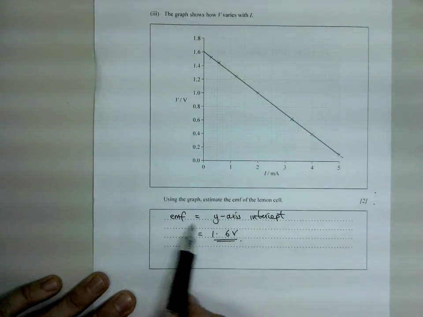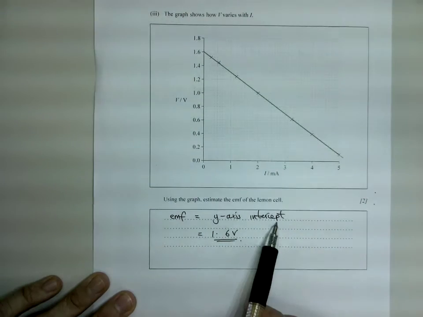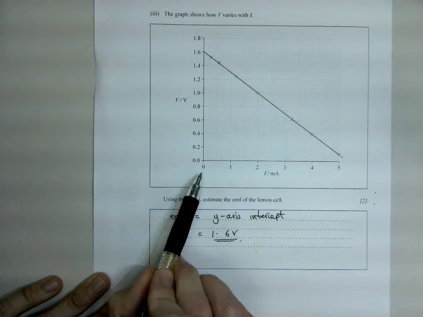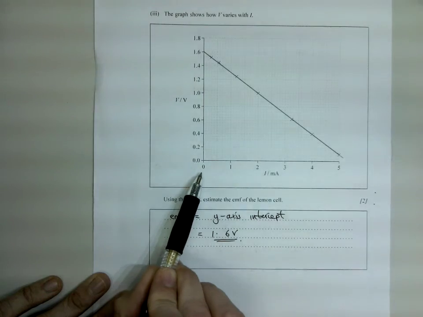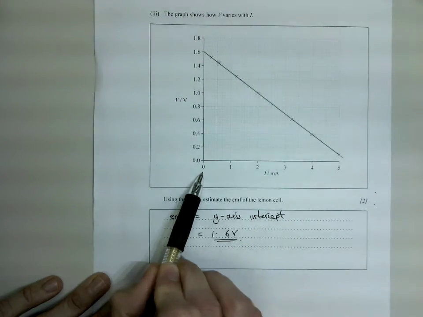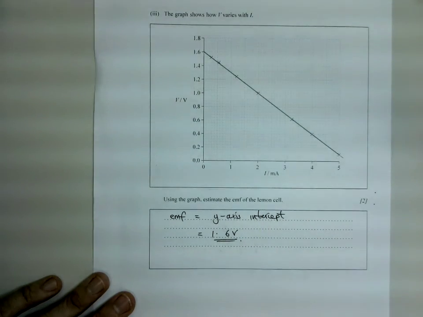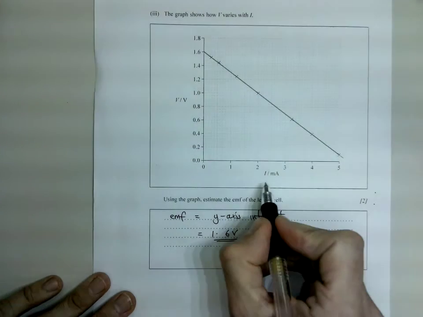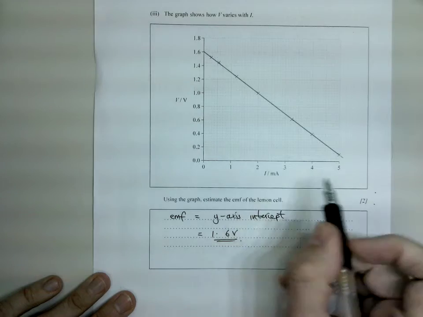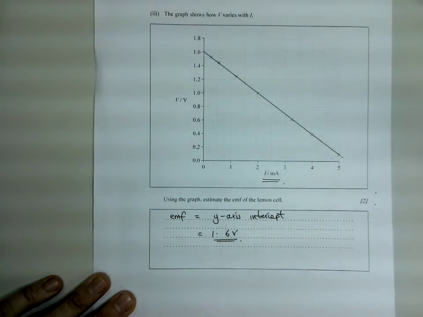Well, in this case, you would write that the EMF is equal to the y-axis intercept because it equals the open circuit PD. It equals the PD when there is no current flowing. So that gives you the y-axis intercept, and it's 1.6 volts. Just a note here for the next question that the current is actually measured in milliamps. So we'll look at the next question now.